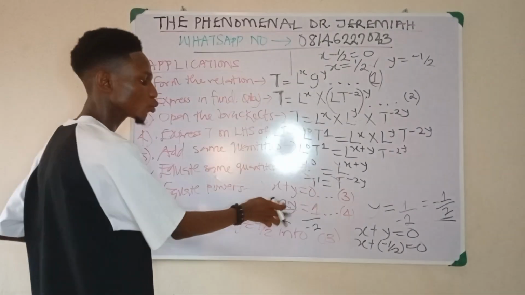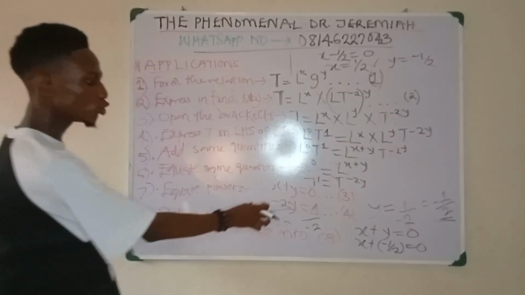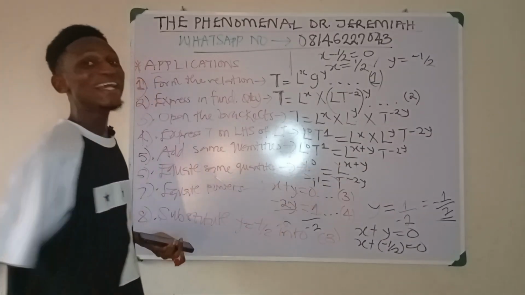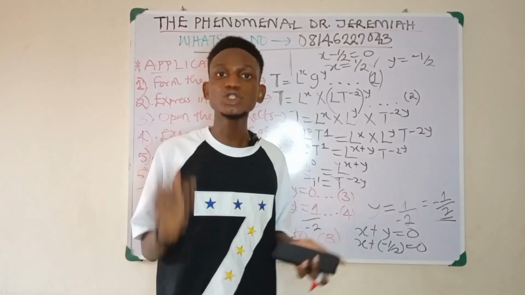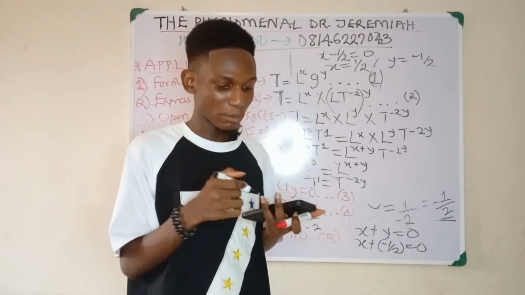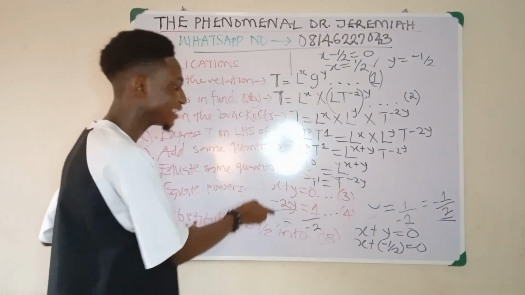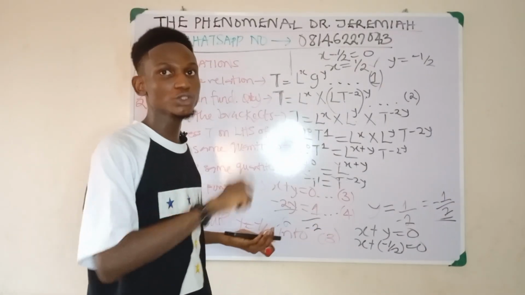Once you get y, because y does not have any unknown standing with it, you substitute your value of y into the other equation. This is how you determine the dimension of the formula of any relation that you are given as an example. You basically find the one you can get directly, then you substitute into the other ones. If it's 2 or 3 unknowns, you substitute.